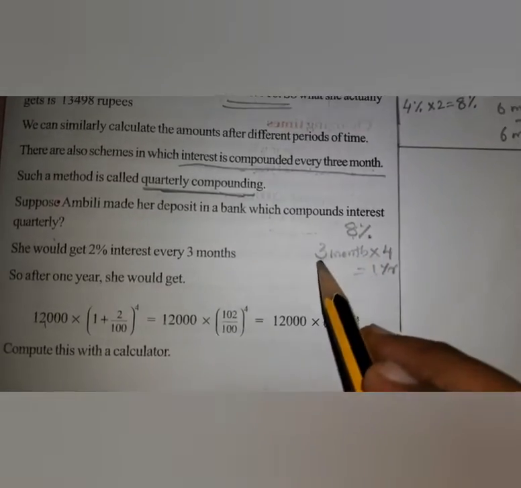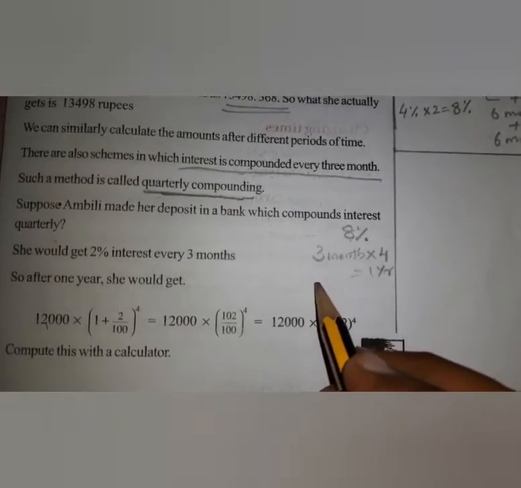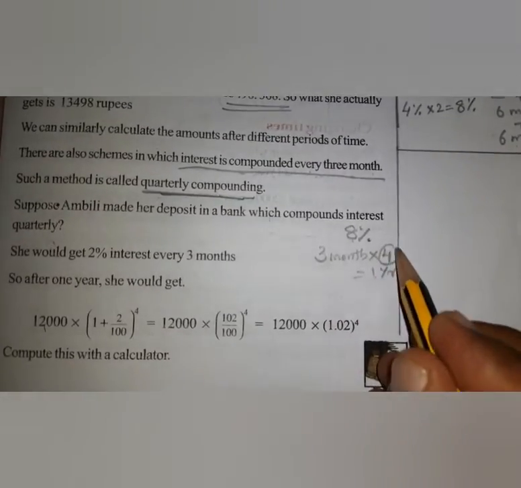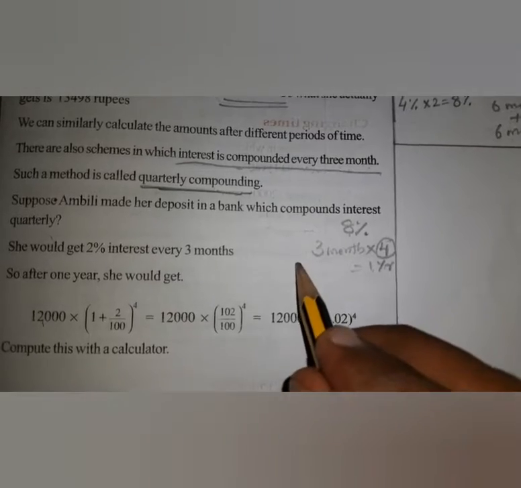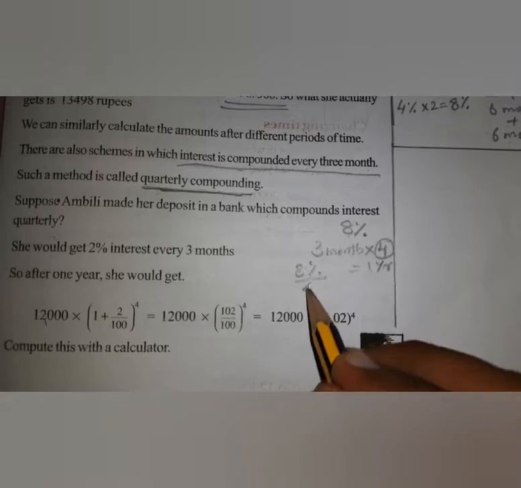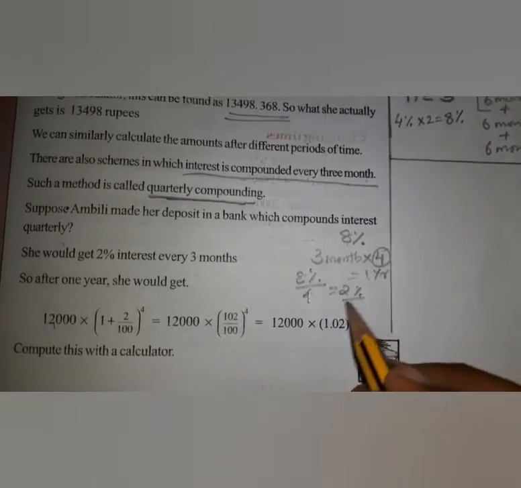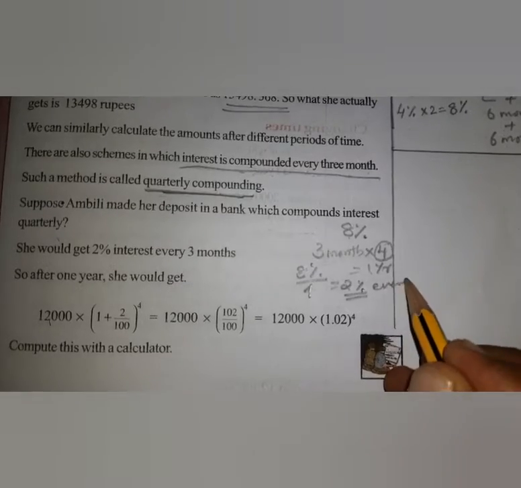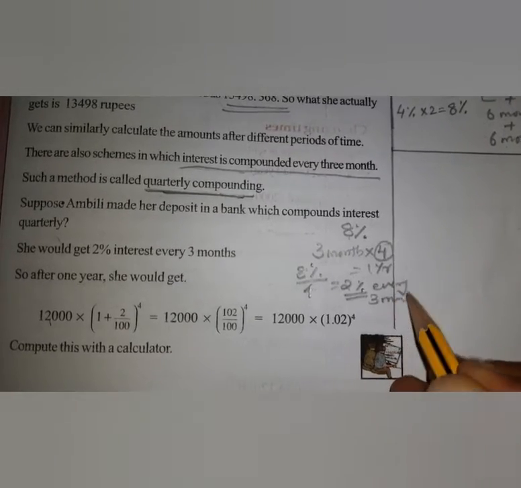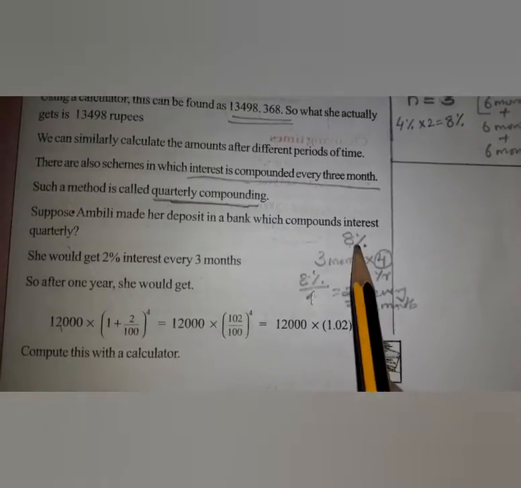But the bank is calculating every 3 months. That means 4 times the interest is calculated. So the annual interest of 8% is divided by 4. So how much are you getting? 2%. Every 3 months you are getting an interest of 2% only, but the annual interest is 8%.